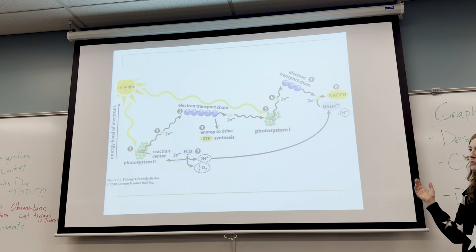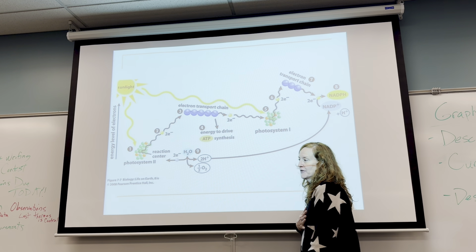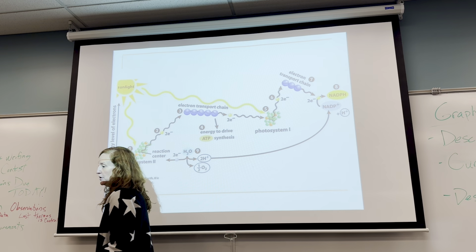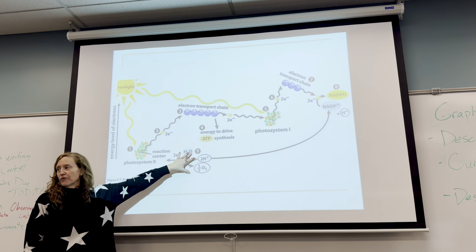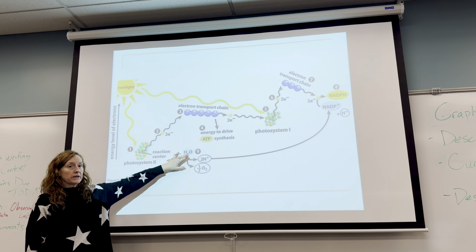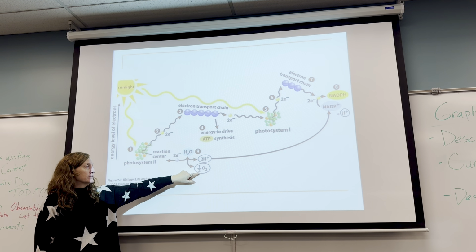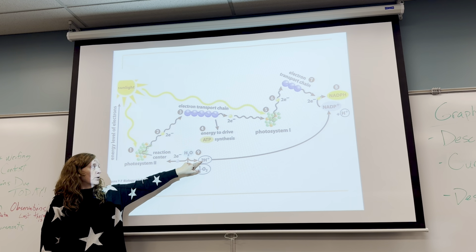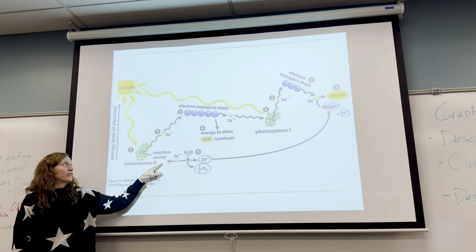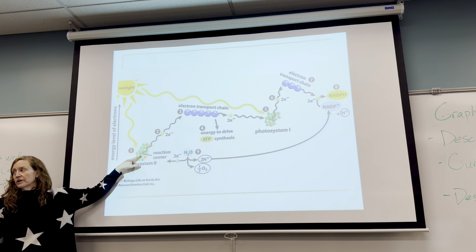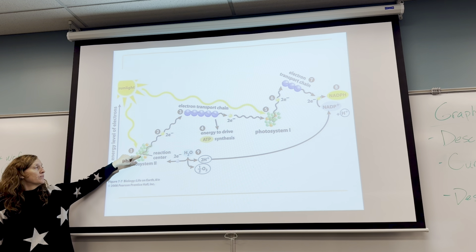So for example, when you're explaining this, the way I would talk through it is I would say that water is needed at the beginning of photosynthesis. Water gets split into an oxygen, 2 hydrogens, 2 electrons. The electrons go over to photosystem 2 that is embedded in the thylakoid membrane.